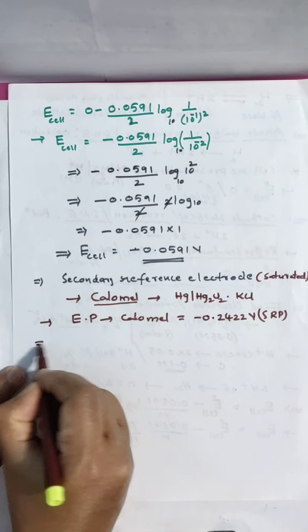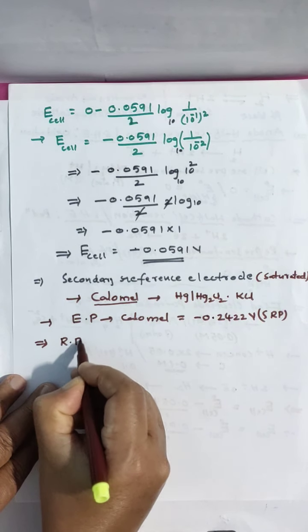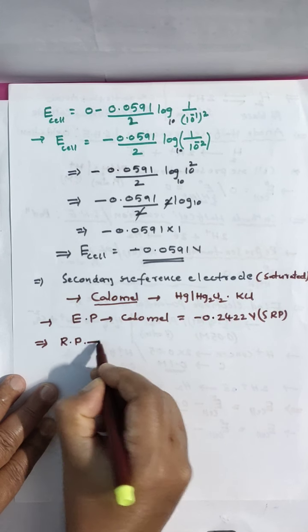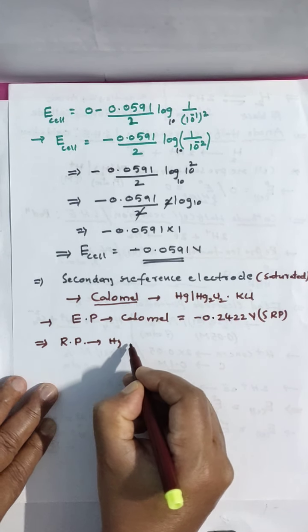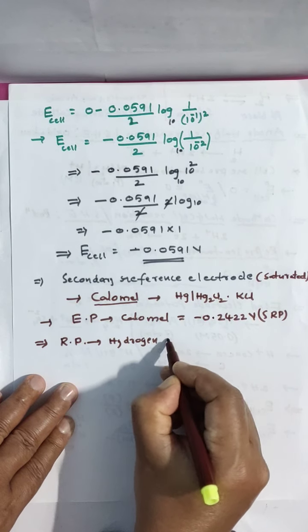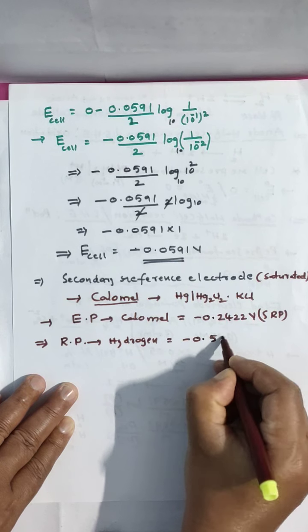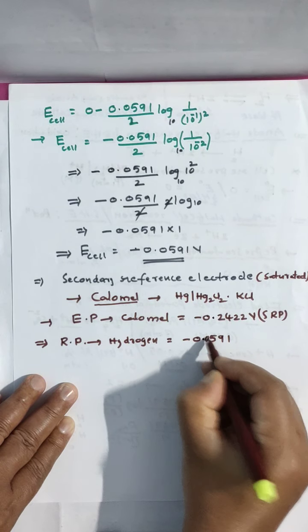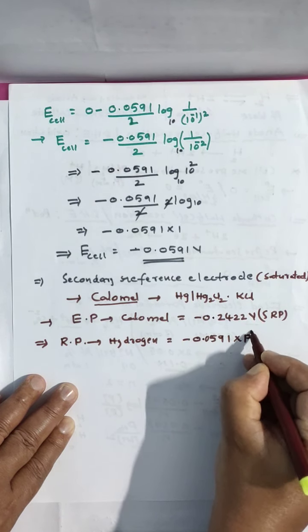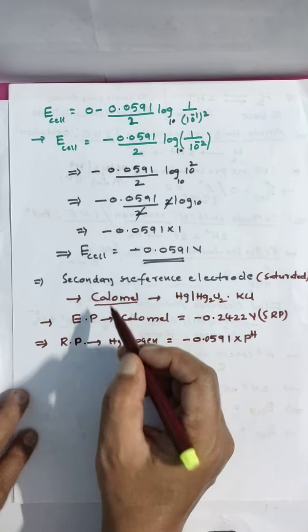And similarly, you remember that the reduction potential of hydrogen can be calculated as minus 0.0591 into pH. This we already proved here.